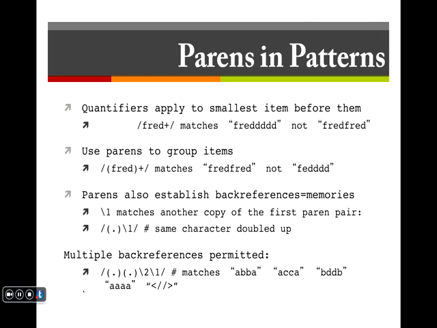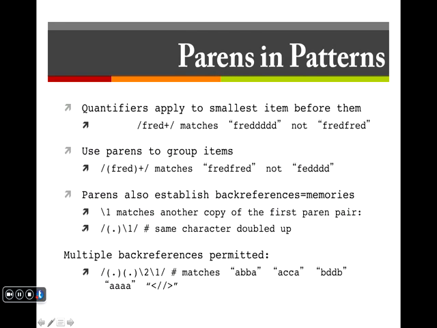Now, we notice that those specific quantifiers work only on the preceding element or character. How about if I wanted to work on a bunch of characters or a string? So definitely there is a solution. As we noticed before, if I put the plus after the D, that means the D will be one or more.